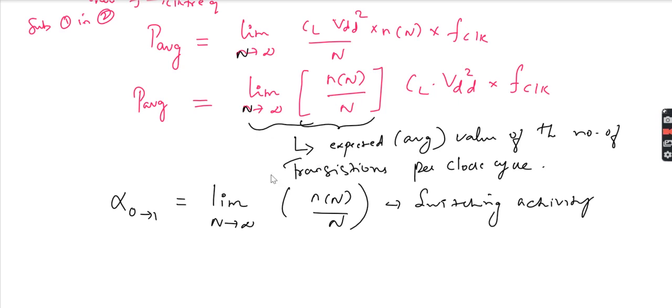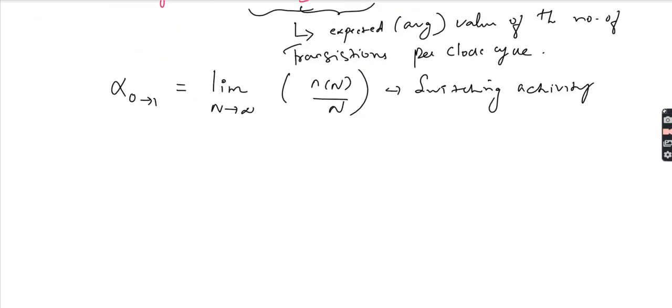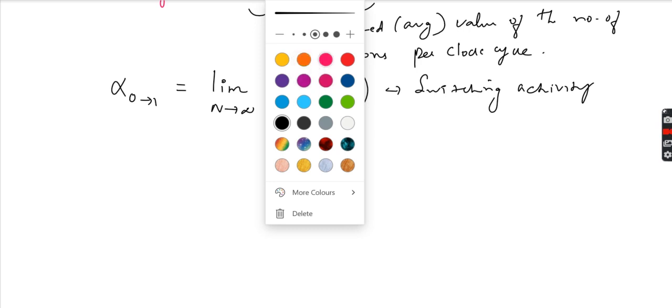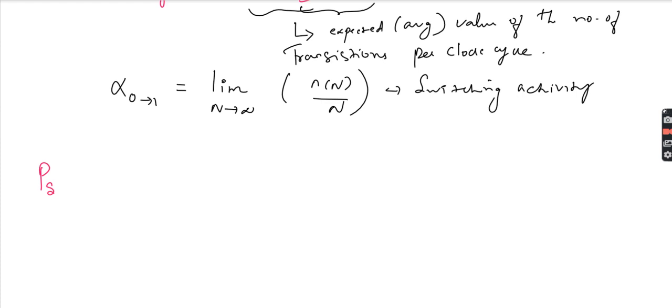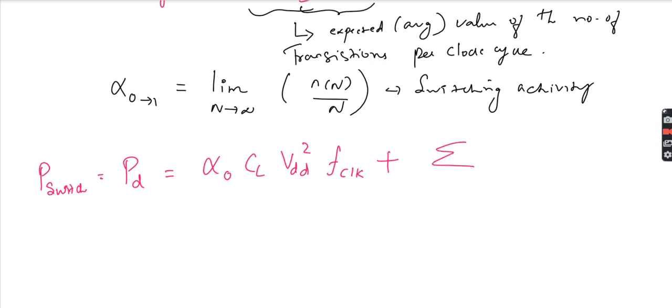Now taking the internal term also into account to get the complete expression for dynamic power consumption, P switch, or I can say PD, will be equal to, first, alpha 0 CL VDD square F clock, plus, remember this one, the summation, the internal also we have to see, I is equal to 1 to K, alpha I CI VDD square FCLK.